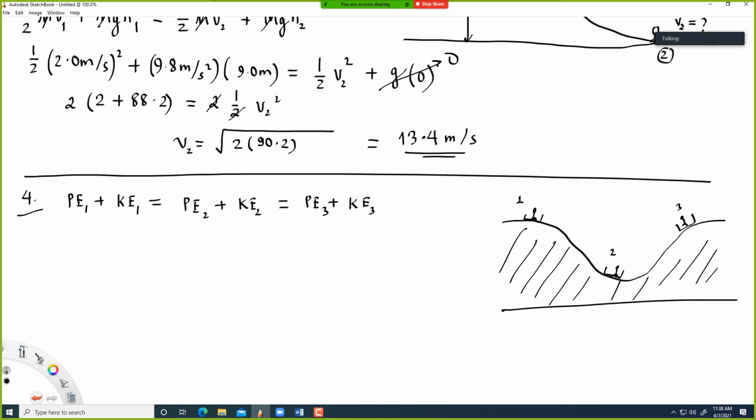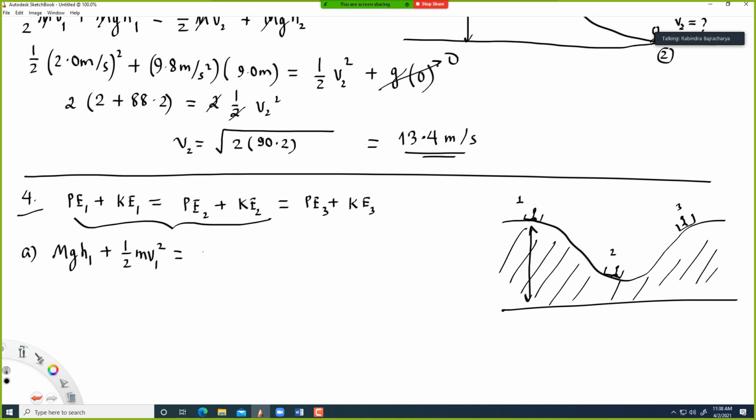So to find the speed of the roller coaster at the bottom of the hill, let's only use these two. We don't need to use all three. So for part A, just use that. Potential energy at 1 is m g h1, that's the height, plus kinetic energy at 1, 1/2 m v1 squared.